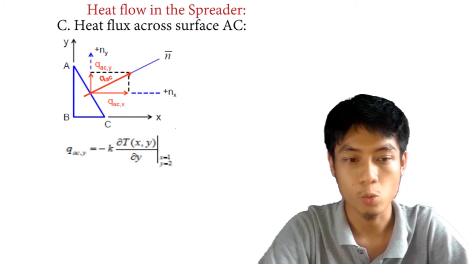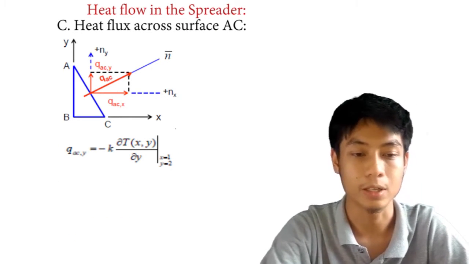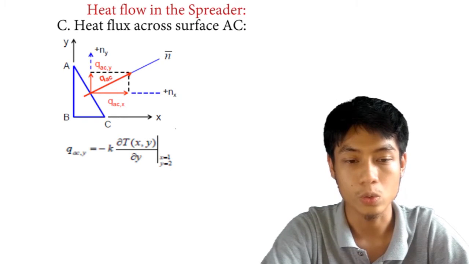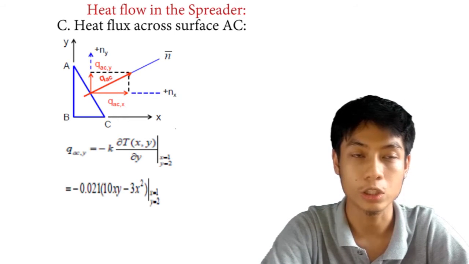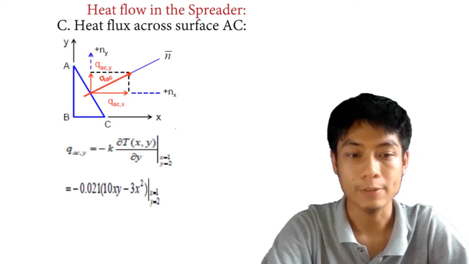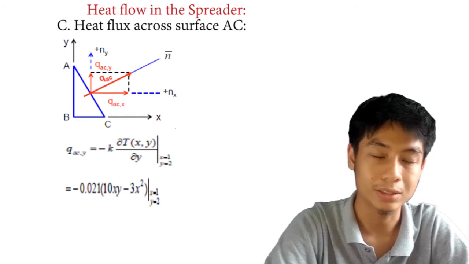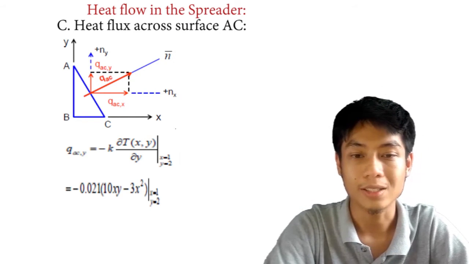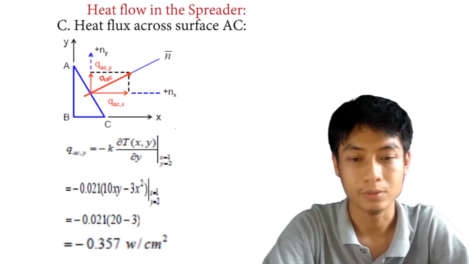For QACY, just follow the previous steps, and substitute x equal to 1 and y equal to 2 into the equation negative 0.021 bracket 10xy minus 3x squared. Once we have substituted all the values, we get negative 0.357.